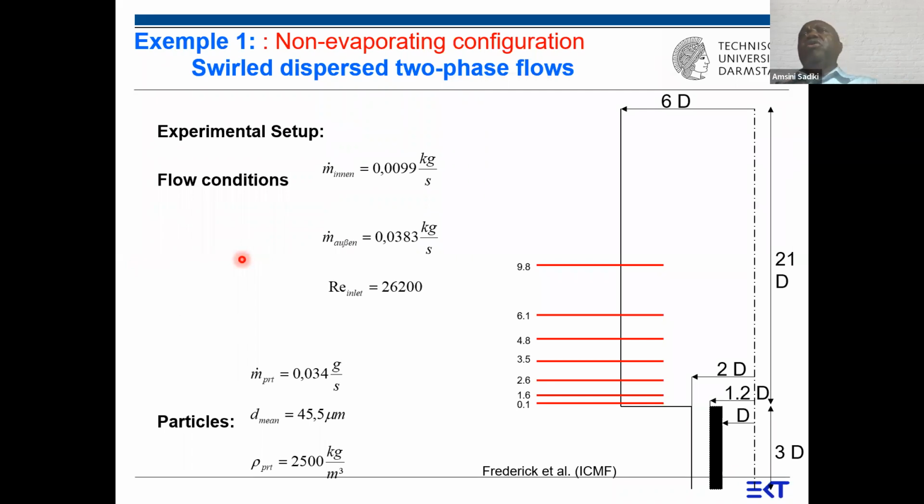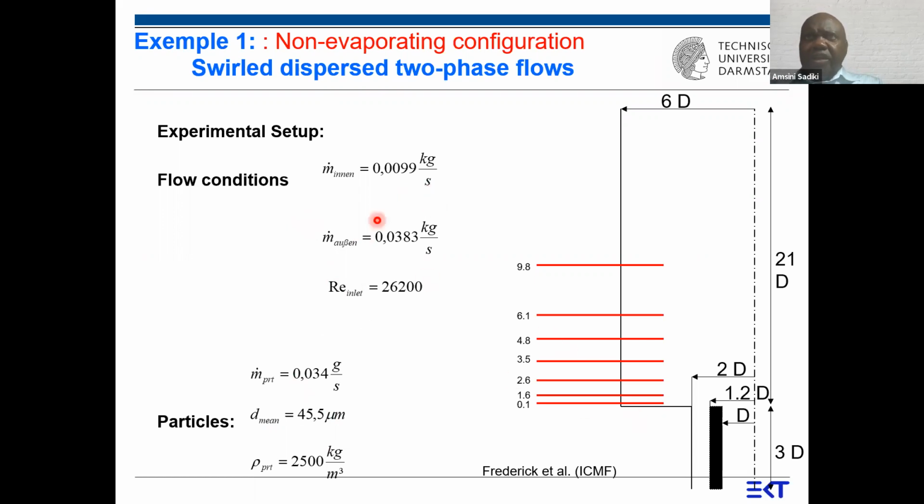First, to show that when we have swirled flows, sometimes it tends to reduce the effect of modulation, because due to the swirl, if it is very strong, the particle will follow the flow field. So this is the result. So provided we have the mean diameter and we have the flow conditions provided by this here.